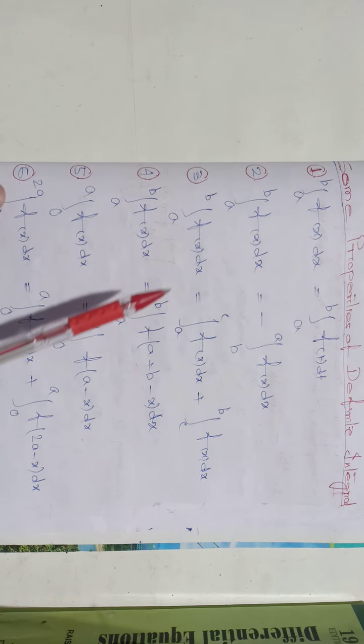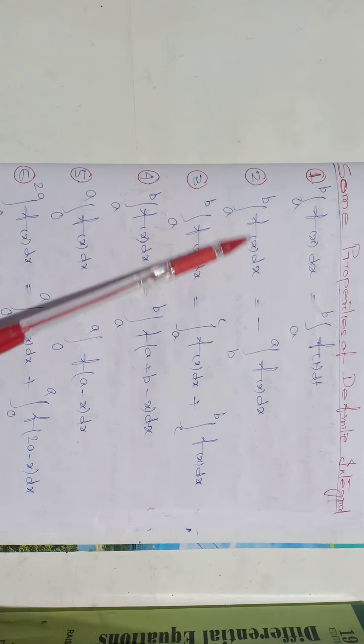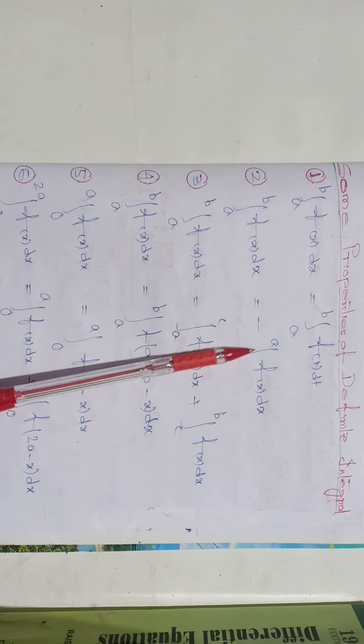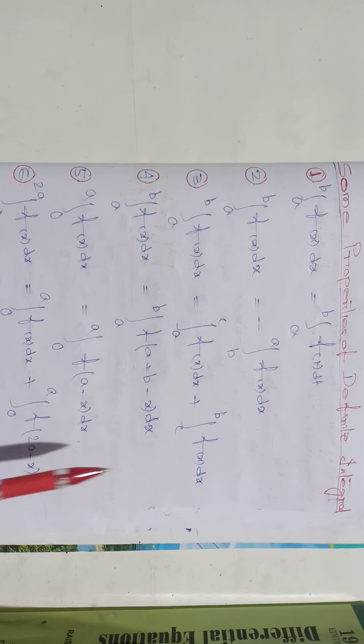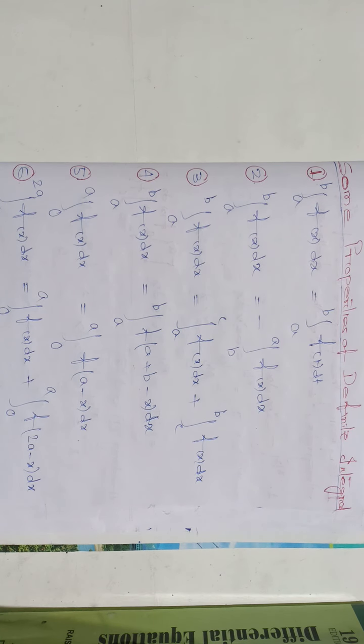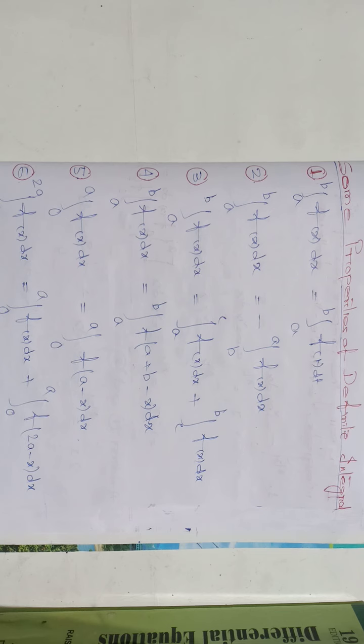Now the second property is a to b f(x) dx equal to minus b to a f(x) dx. Means if we change the order of the limit, means if we reverse the order of the limit, the integration will be negative.